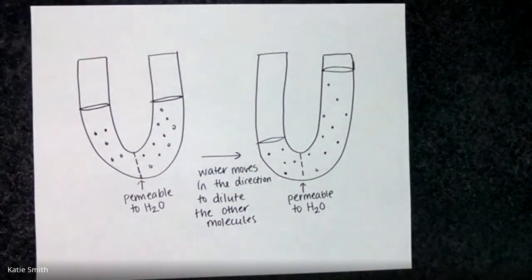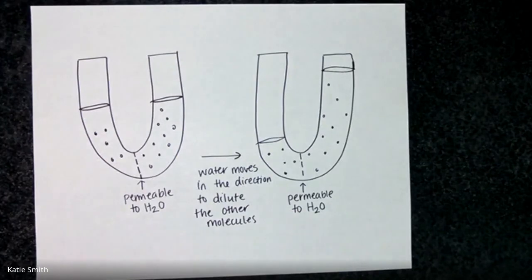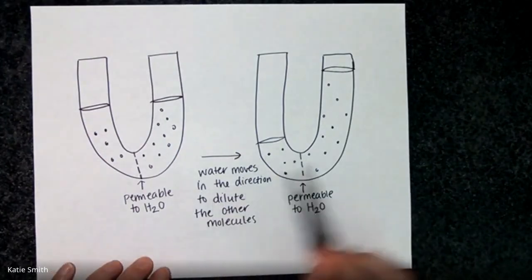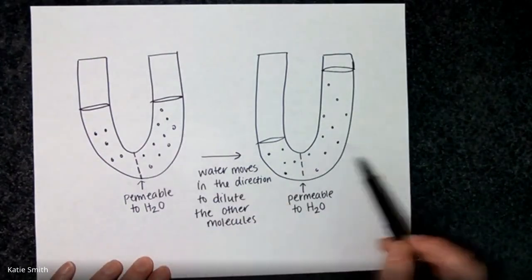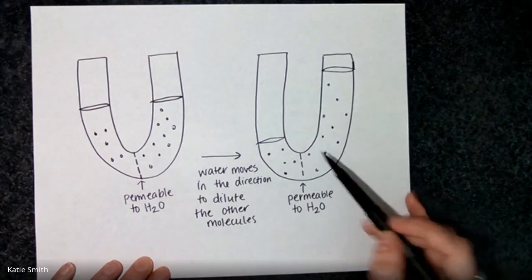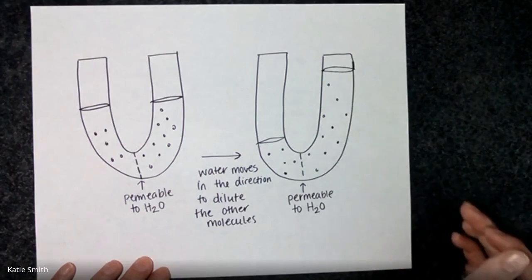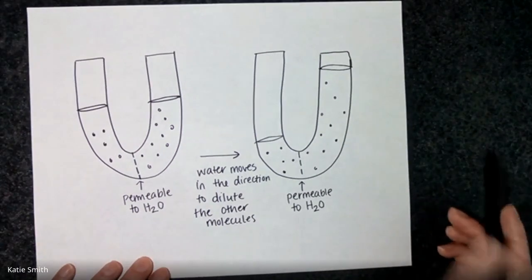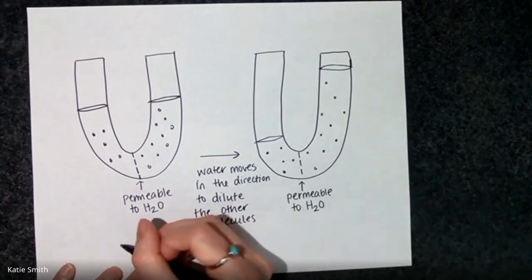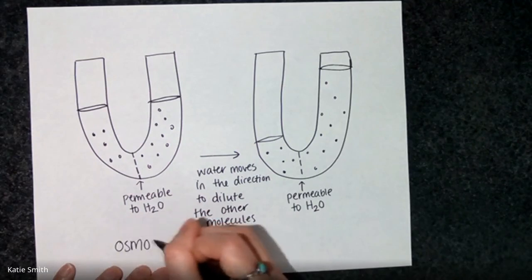So again, it's going to move in the direction to let these molecules become more diluted. It just wants to add even space between these molecules. Does that make sense? Okay. This is osmosis.